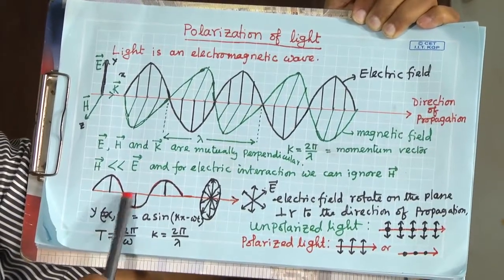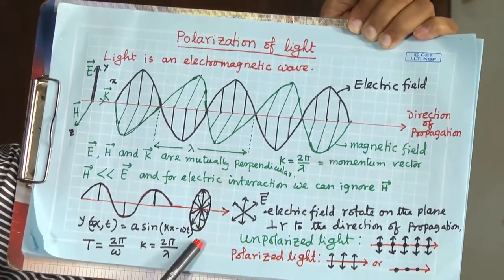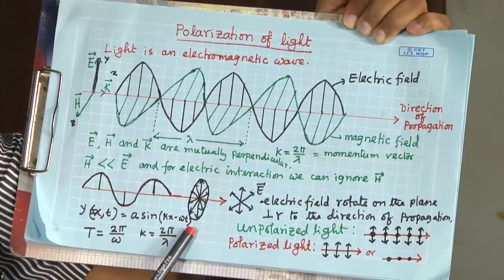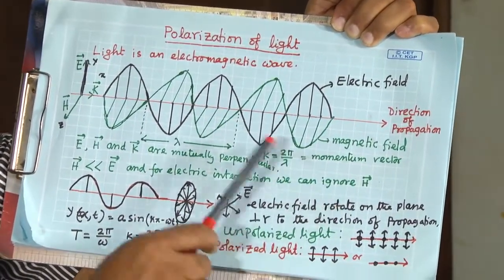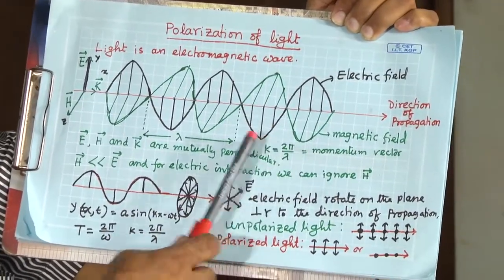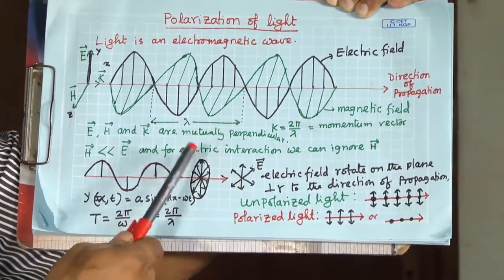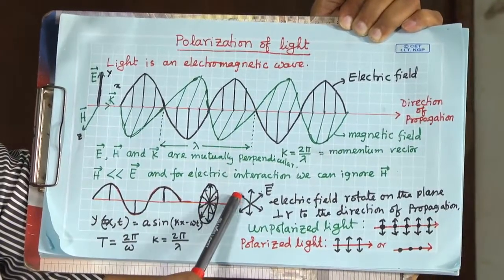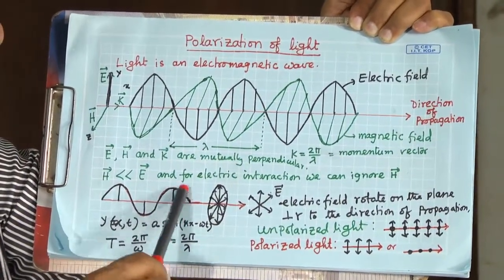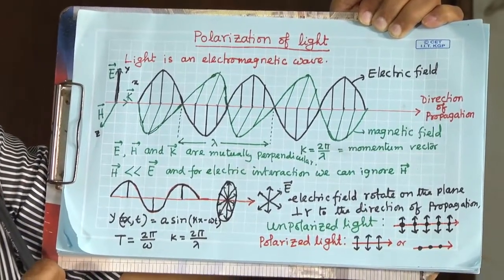So, for interaction with matter, we generally ignore the magnetic component. So, we can treat light like this, okay. It has an electric component and it is varying, okay.